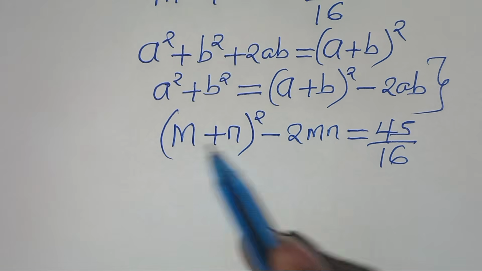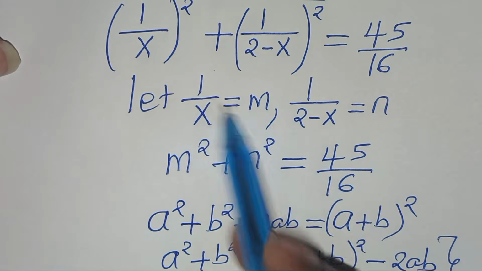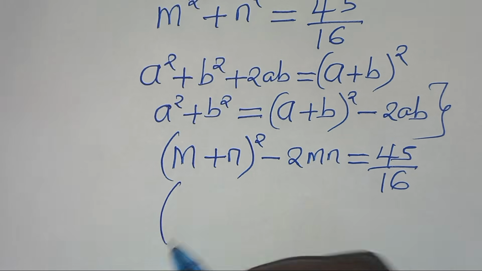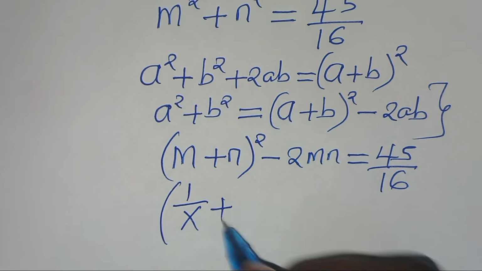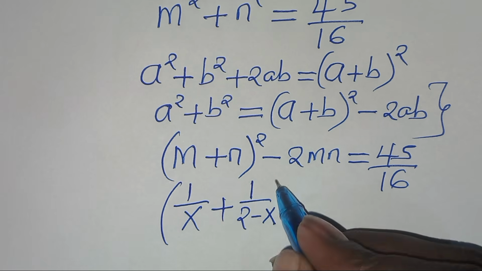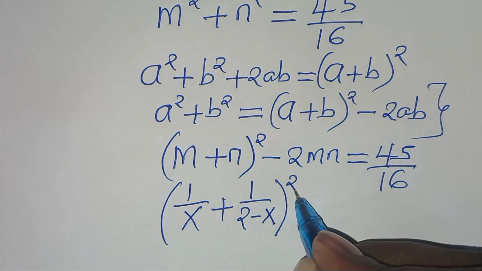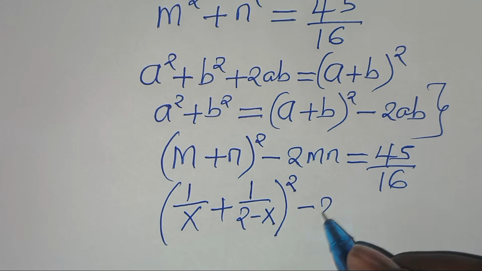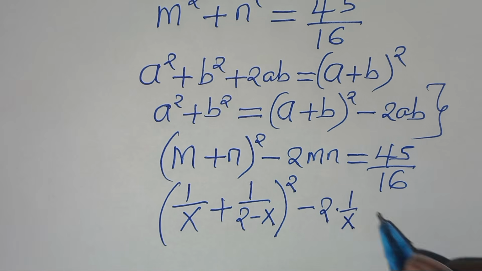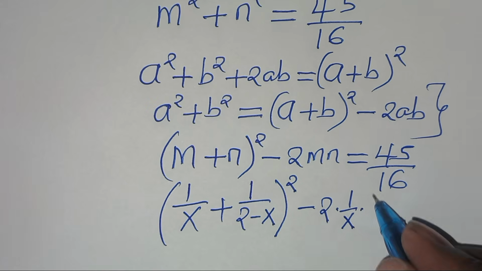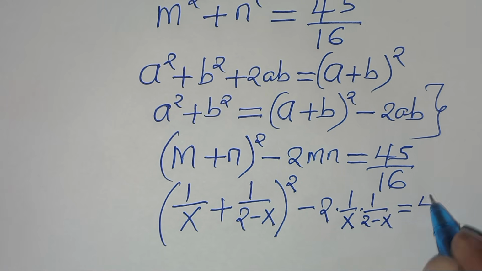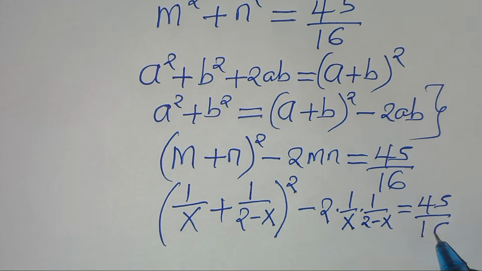Now let's substitute m and n. We have m is 1 over x and n is 1 over 2 minus x. So 1 over x plus 1 over 2 minus x, everything raised to the power of 2, minus 2 multiplied by 1 over x, then multiplied by 1 over 2 minus x, equal to 45 over 16.